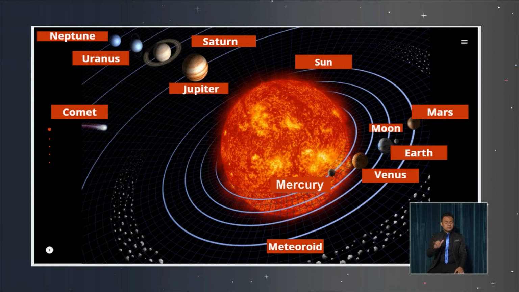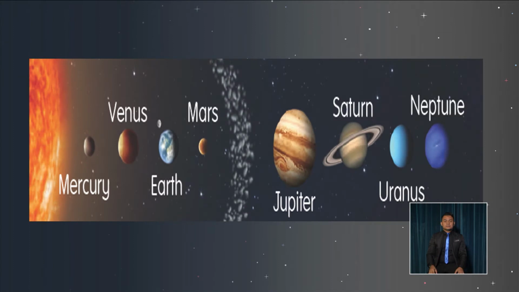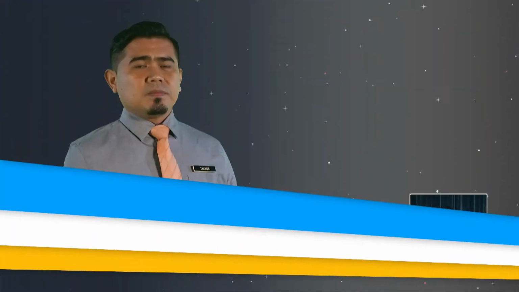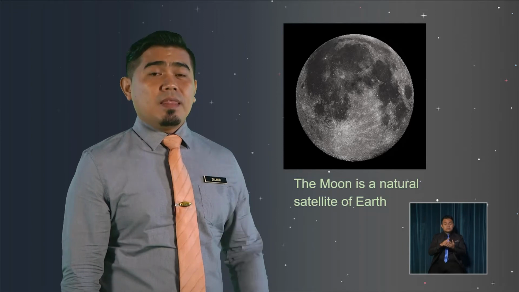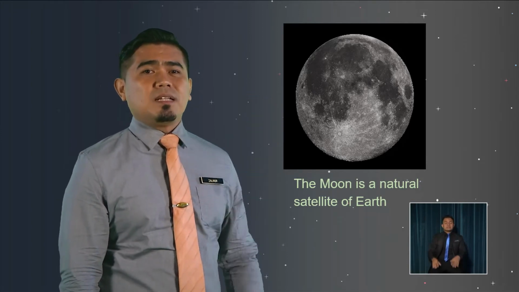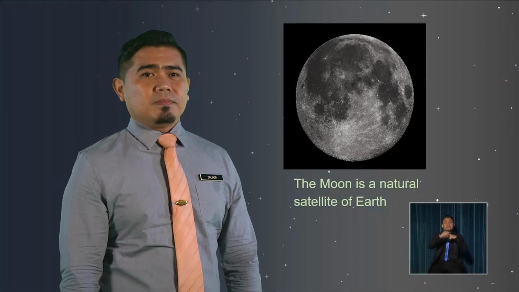Yes, good. They are Mercury, Venus, Earth, Mars, Jupiter, Saturn, Uranus, and Neptune. What are natural satellites? Natural objects revolving around a planet are known as natural satellites. The Moon is a natural satellite of Earth.